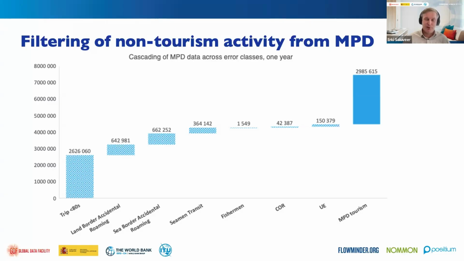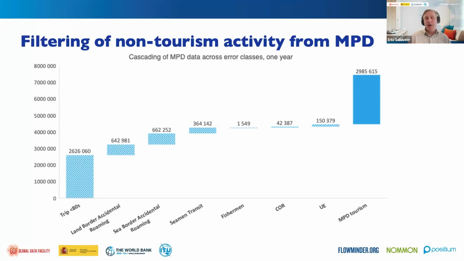This is the example of how to detect the planes landing in Singapore. But also through other filters like removing the accidental roaming or cleaning the data when people are at the sea.